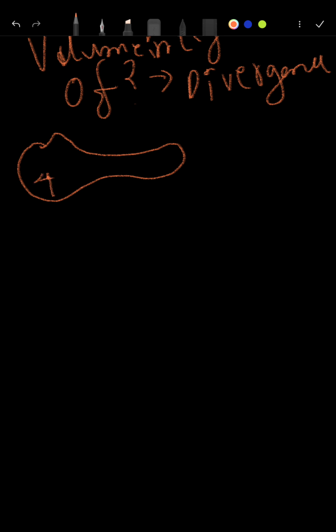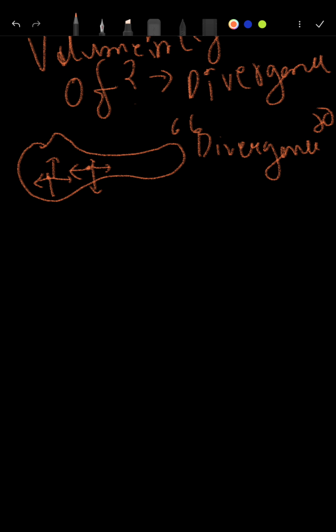At each individual point, the quantity divergence gives how much of the field is coming in or going out through that point. This is the intuition behind divergence.